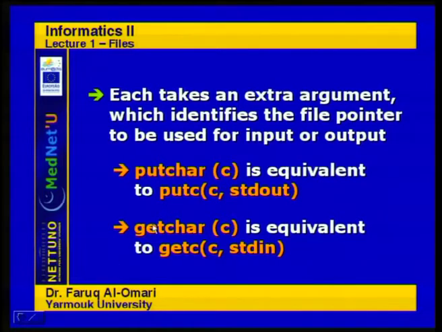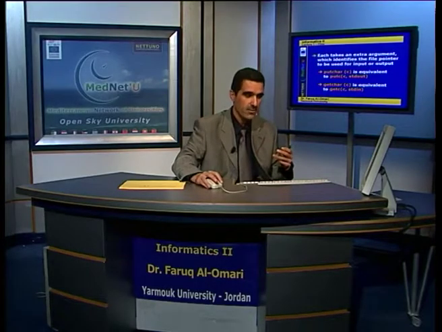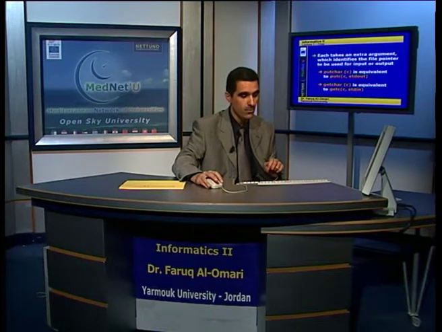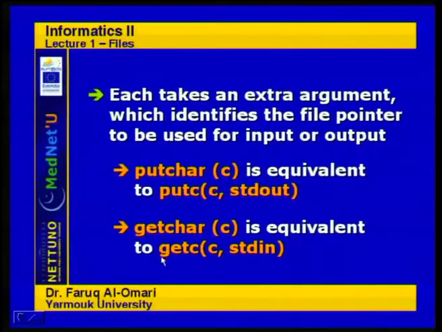Another function that we have is to get a character. The syntax for that is getchar, between two parentheses, c. Then you're going to input a character from the keyboard here and send it to the computer, to the memory. And the character c is going to hold this character you enter from the keyboard. And this is equivalent to getc(c) from the standard input.